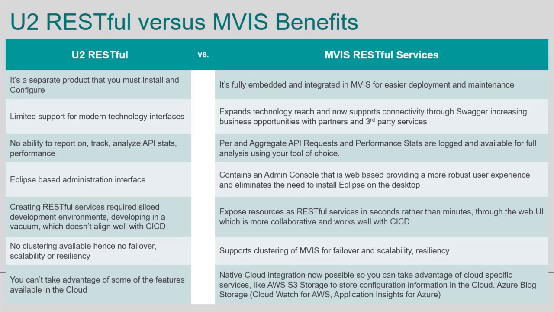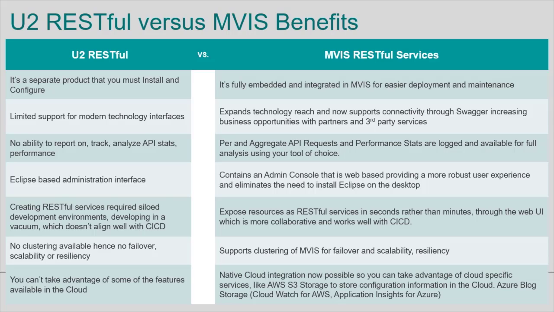Development with U2 REST happens in silos. With MVIS, you can create RESTful services easily in seconds through the web UI, and additionally, one could develop to facilitate continuous integration and continuous delivery. U2 REST is not cloud-friendly, and neither does it offer any sort of failover, scalability, or resiliency.